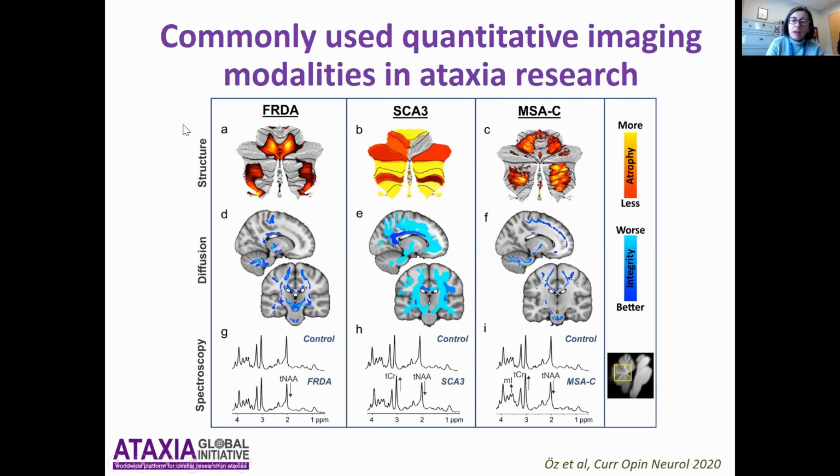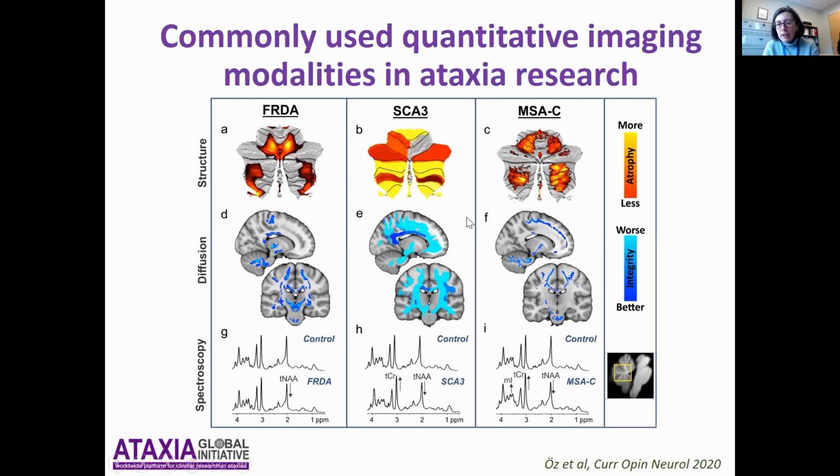So on the top row, I have some structural morphometric MR results, and these come from the conventional MR techniques, the T1, T2 type imaging data that Sirio already described, and we are specifically looking at the cerebellum and a flattened version of the gray matter of the cerebellar cortex.